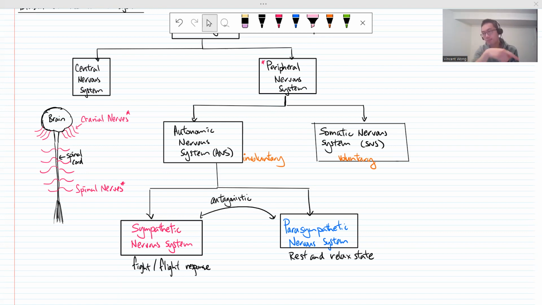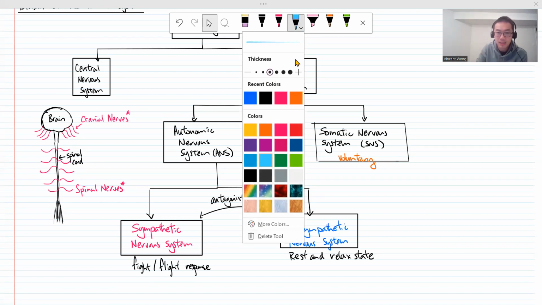When you touch the hot candle, which of these is responsible for picking up that signal? Well, if it's from a part of the body that you have voluntary control over, then it's going to be from the SNS. Don't draw this on your diagram. I don't want you to mess it up.